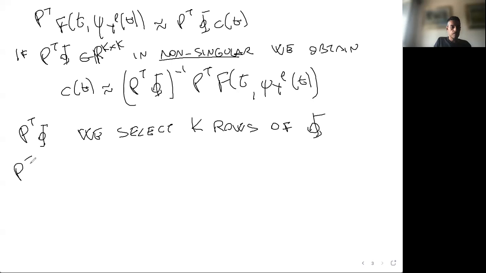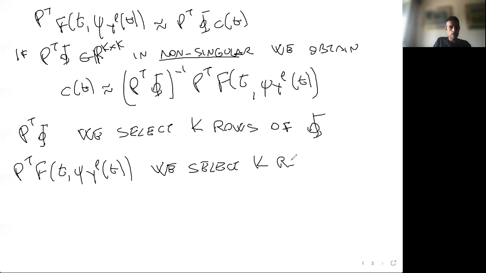The same is for F, where we select k rows of F. So in the literature there are works that say how we compute P and select the rows.